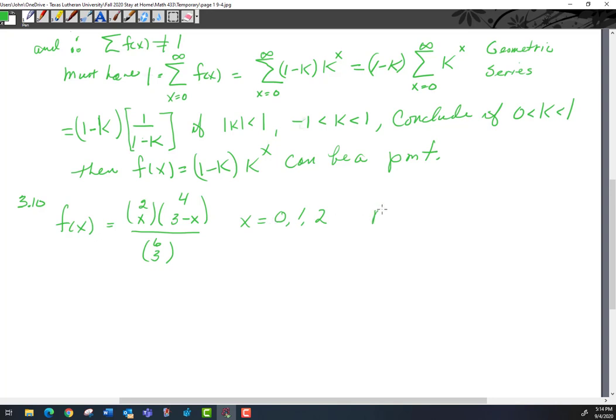So, is this a probability mass function? And if so, graph f of x.